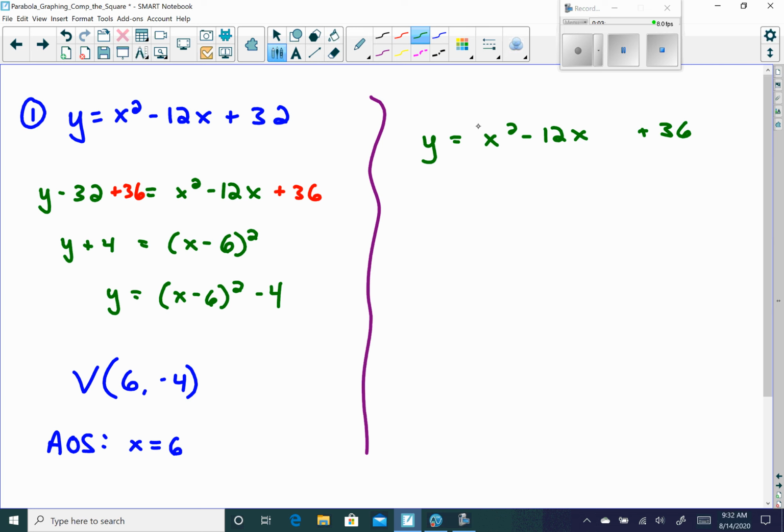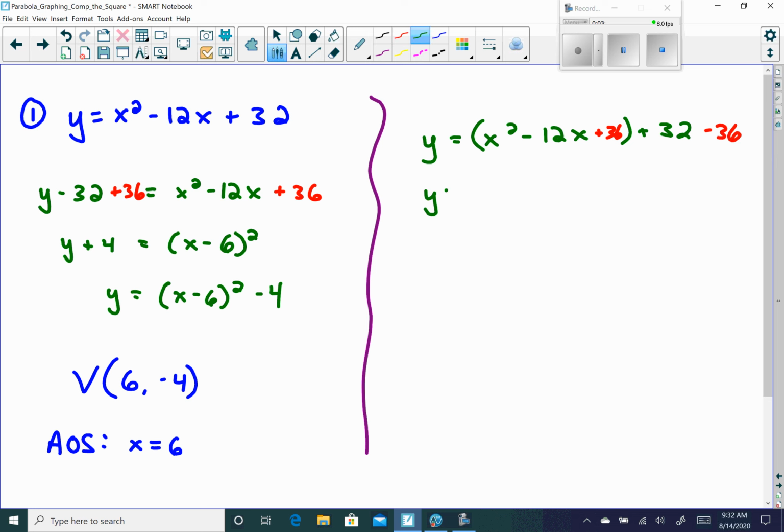So what I'm really looking at here is I'm going to complete a perfect square trinomial, but I'm leaving the 32 over here. So in this case, what I'm going to add to this side is still going to be the 36. But instead of adding it to the other side, I'm going to keep everything over on one side. So technically, I added a 36 to this side. So to keep it balanced in a way, I need to subtract a 36.